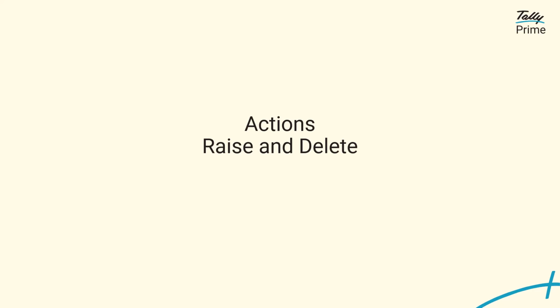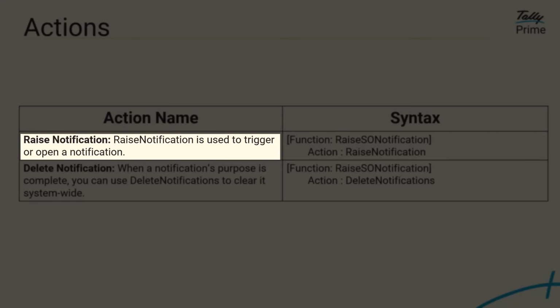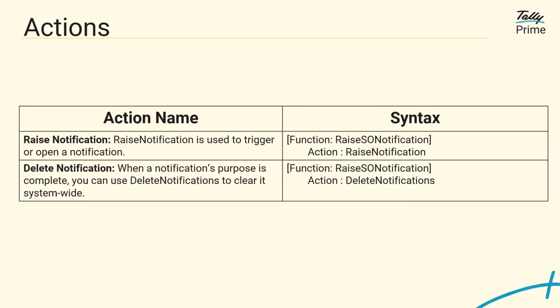Actions: raise and delete notifications. Once notifications are defined, we need ways to manage them through actions. The two key actions are raise notification and delete notifications. Raise notification is used to trigger or open a notification.